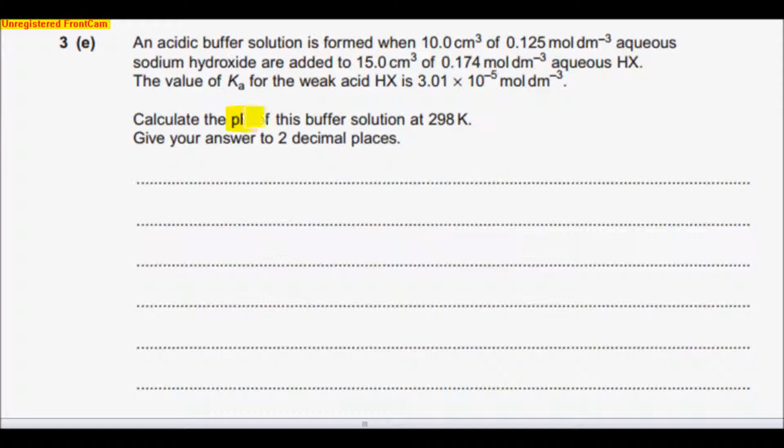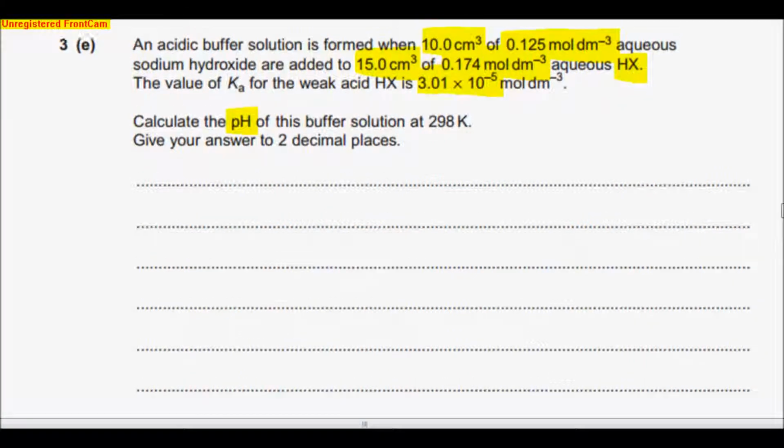It says calculate the pH of this buffer solution when we use 10 centimeters cubed of 0.125 mole per decimeter cubed sodium hydroxide, and 15 centimeters cubed of the weak acid HX at 0.174 mole per decimeter cubed. Finally, we're told that the Ka for the weak acid is 3.01 times 10 to the minus 5. So let's put these things together now to work out our pH value.